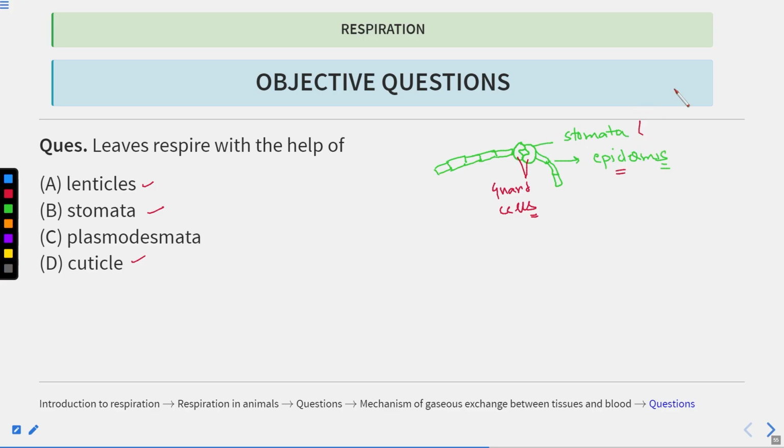They are pores present in the epidermis, or you can say the surface of the leaf, which are involved in the exchange of gases.